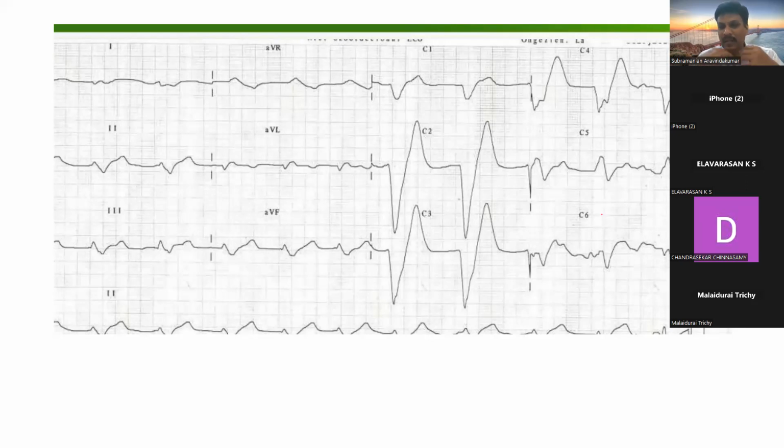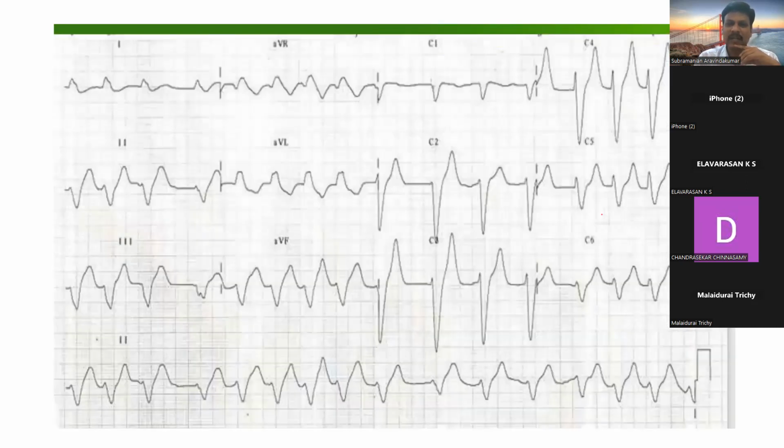Salbutamol nebulization will push the potassium into the cell immediately, and K-bind, a potassium-binding resin powder, can be given to excrete the potassium, along with diuretics. Sodium bicarbonate is given to neutralize the hyperkalemia, and calcium to increase the contractility and protect the cardiac muscle. All these things have to be given on an emergent basis. And in case of acute renal failure, we have to go for dialysis.